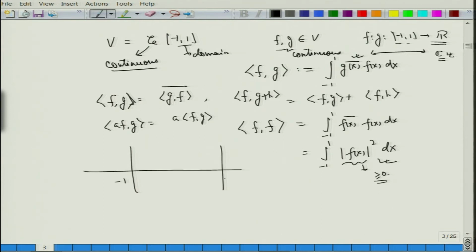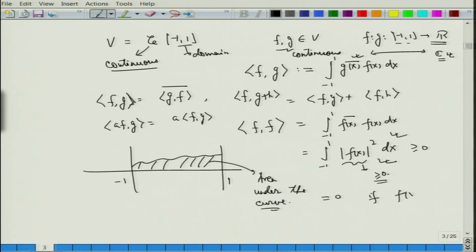So I am looking at -1 to 1 and the function is always non-negative, and in that case I get the area under the curve. Since this is non-negative, this will always be greater than or equal to 0, and it equals 0 if f(x) is the identically 0 function.